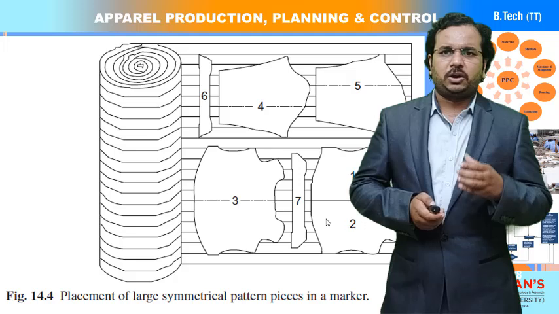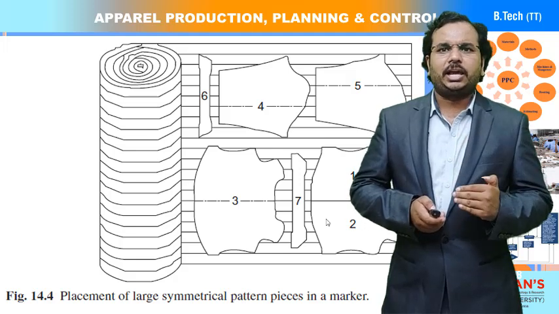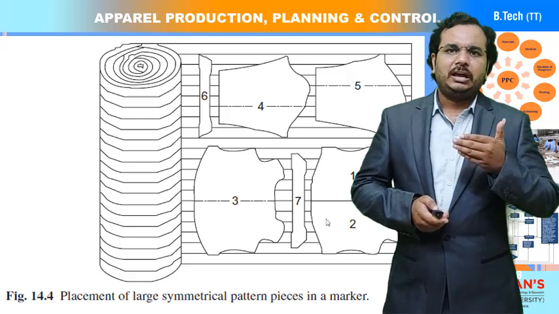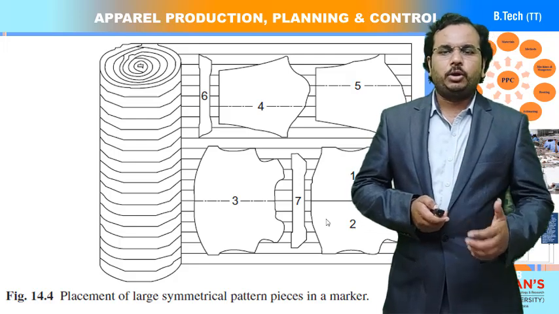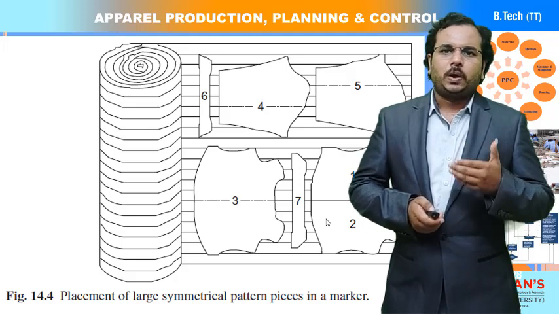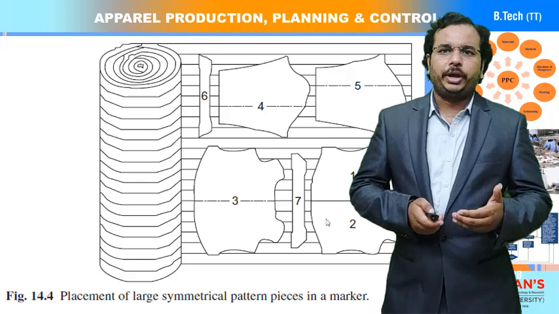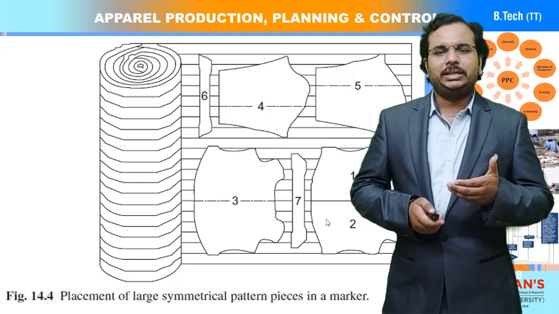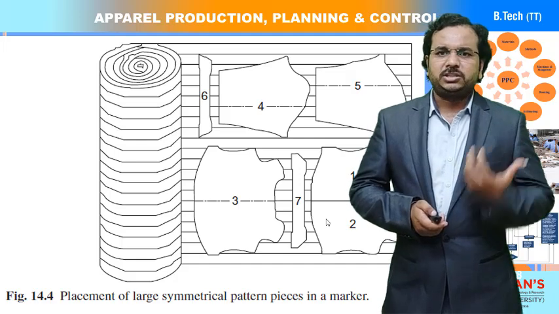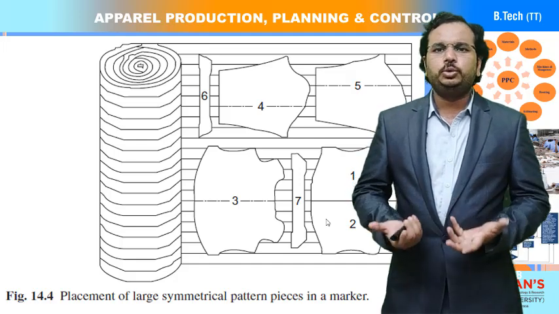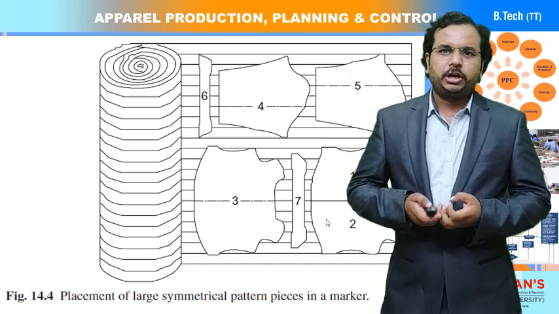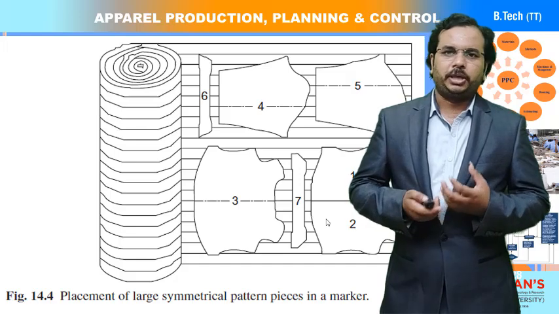You need to consider all the grain lines and center lines of the panels, and they should be matched with the fabric stripes. Only then can you get good quality cut components, so that you will get a good quality garment. If it is not matched, there is no use of the garment. The garment cannot be exported or accepted by the buyer.